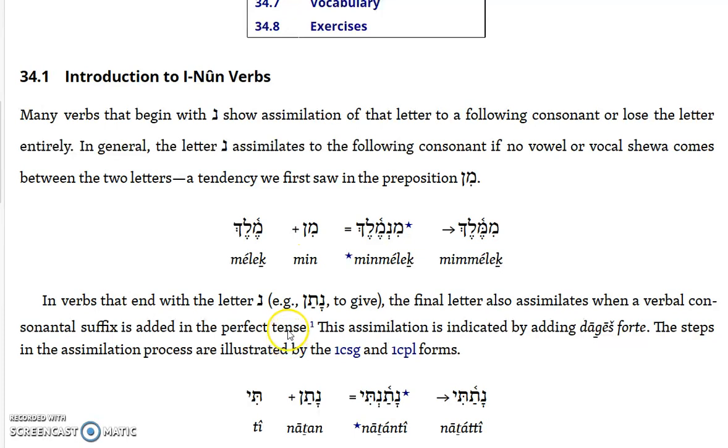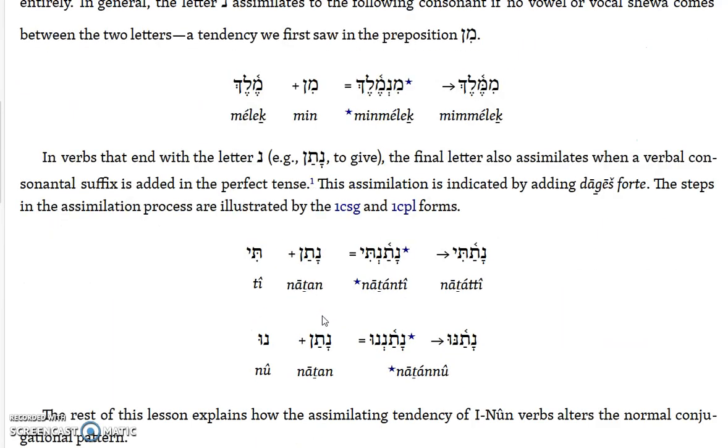We've also seen this with certain words like natan. When you add endings to natan, so for example, you want to make it a perfect first common singular, natanti, I gave. Well, the form you would expect would be natan plus a t, natanti.